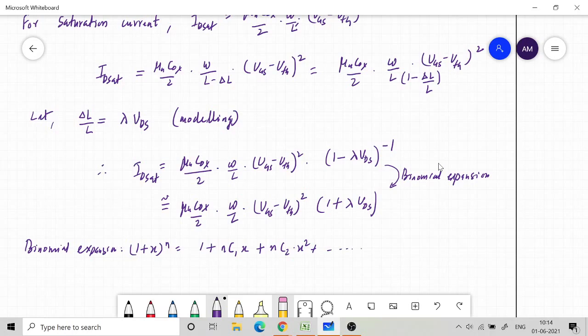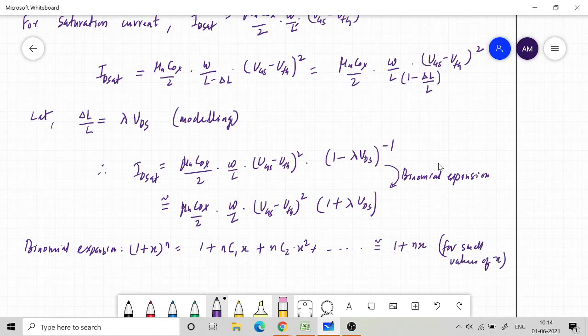Okay, so for small values of x, the x square, x cube terms, all of that you can neglect. So this can be approximated as 1 plus nC1 x, which is going to be nx, for small values of x.